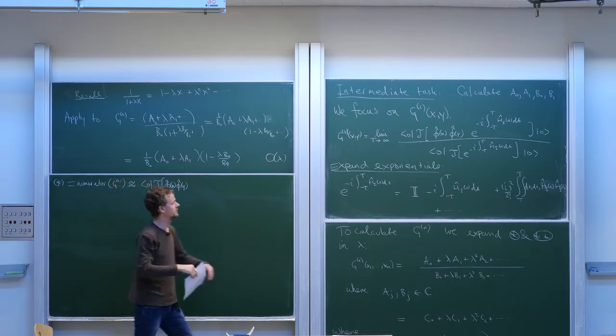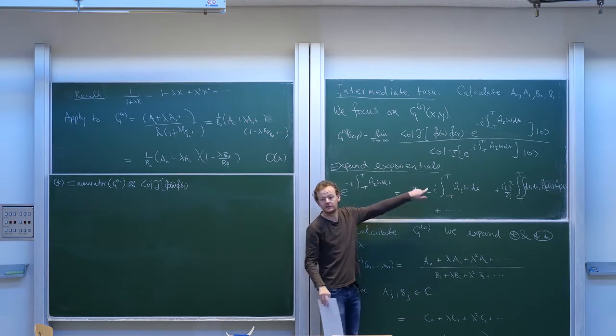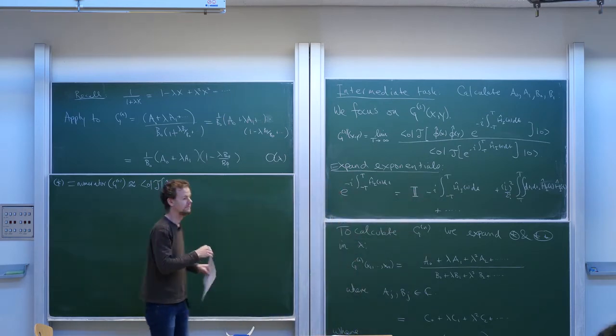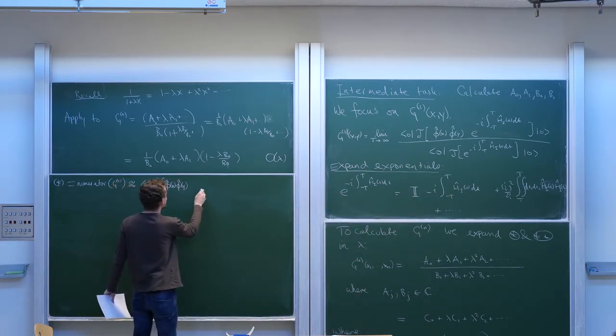So the order 1 term is easy, it's just the identity. And then we get an order lambda term, which looks like this.